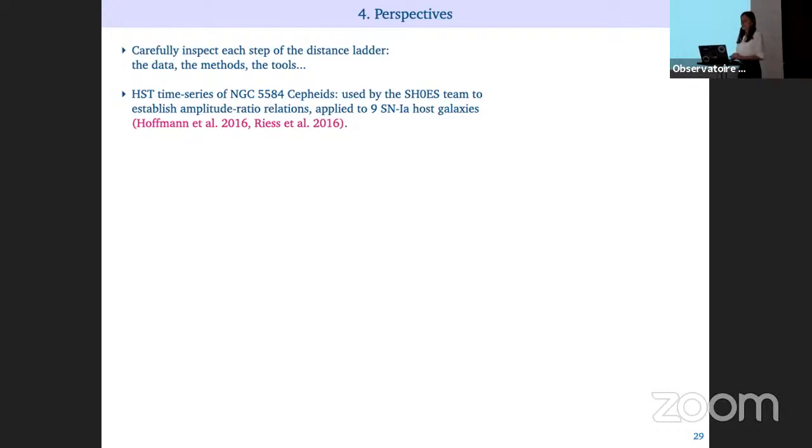In one particular galaxy, NGC 5584, the SHOES team has obtained time series photometry for these Cepheids, and they used these Cepheids to establish amplitude ratio relations, and then they applied these relations to 9 other galaxies, assuming that these relations hold for all Cepheids.